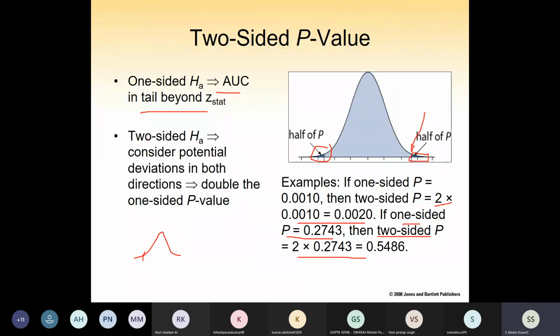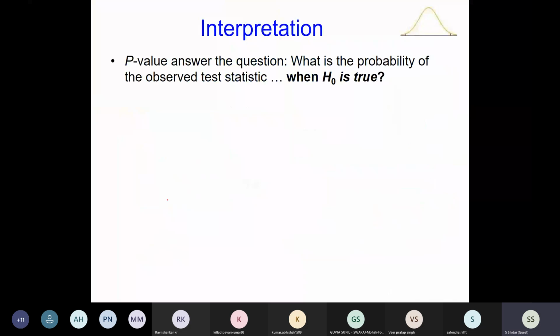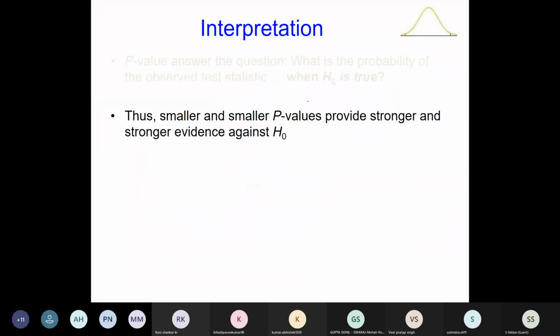So for a two-sided HA, consider potential deviation in both directions, double the one-sided p-value. The p-value answers the question: what is the probability of the observed T statistic when H0 is true? The smaller and smaller the p-value, the stronger and stronger the evidence against H0.